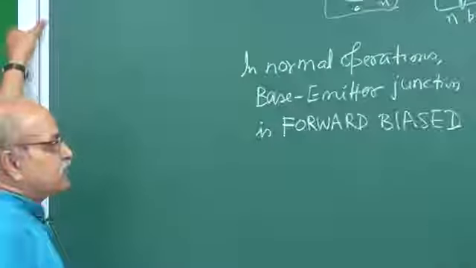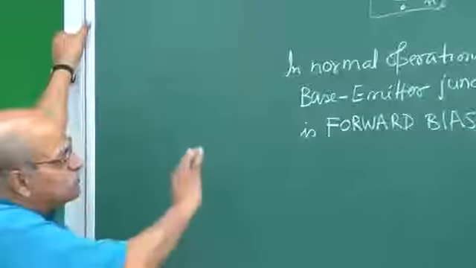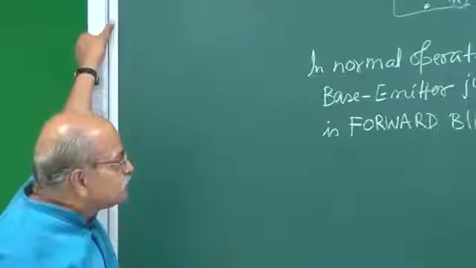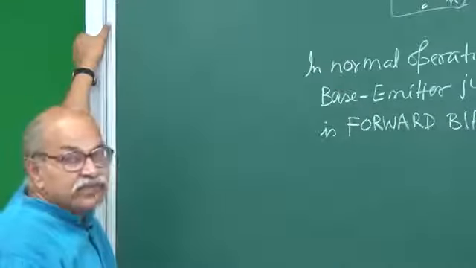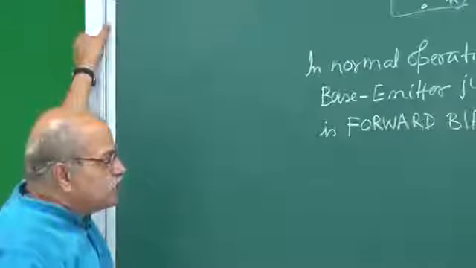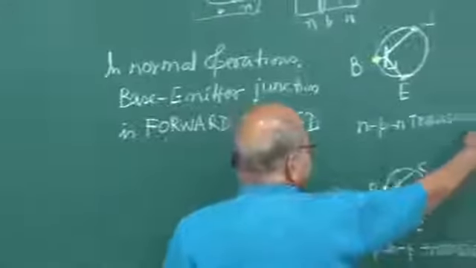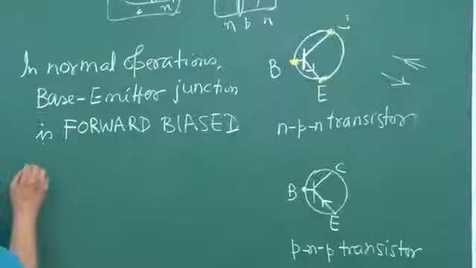The base emitter junction is forward biased in all kinds of applications that we will be using, or in general, and this is valid for PNP transistor as well as NPN transistor. So for both kinds of transistor, this is valid.